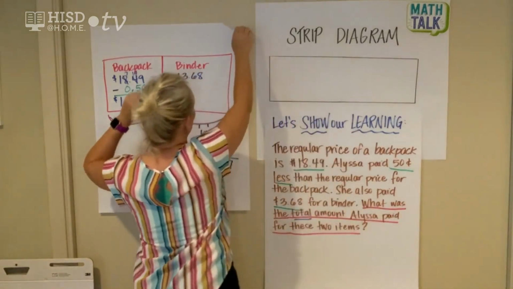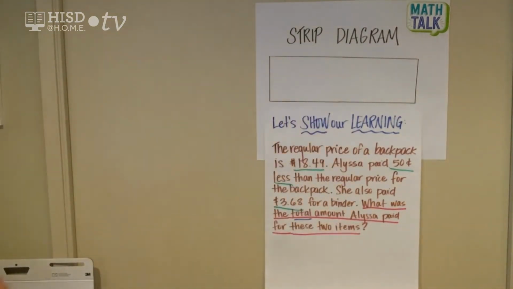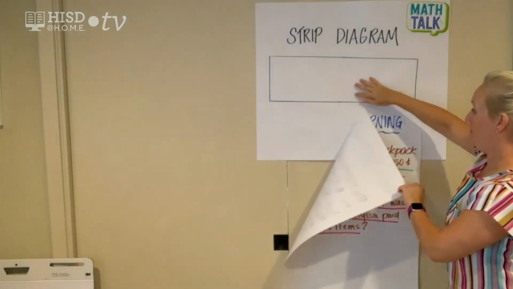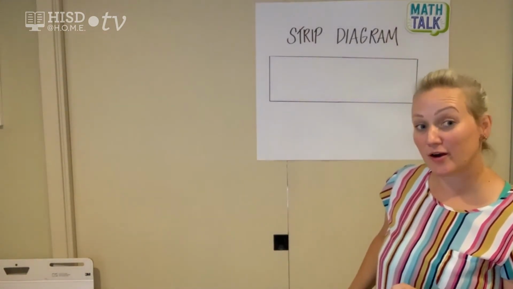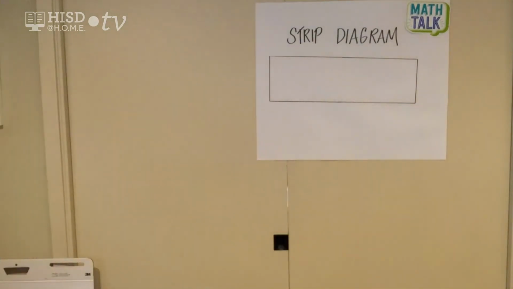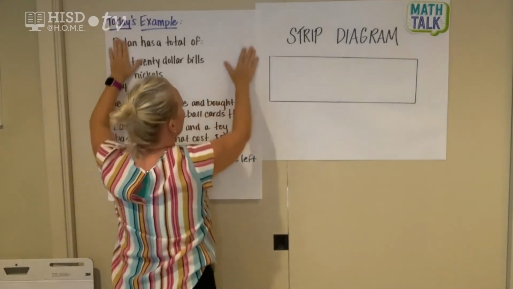So we're gonna put the backpack example away, and we're gonna use this strip diagram for our next problem. So hopefully you still have your notes out. And this one's a little bit longer, but notice I keep taking these down so you can focus. All right. Here's our newest one, and I've prepared it for you.